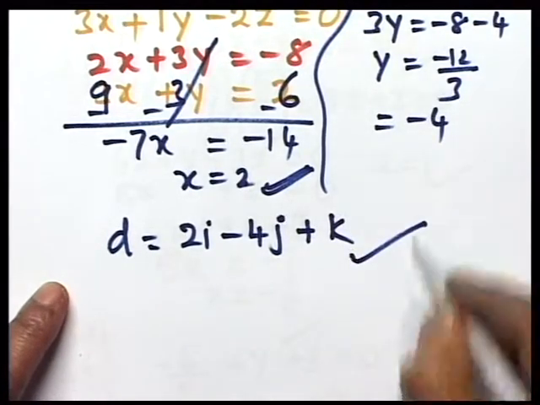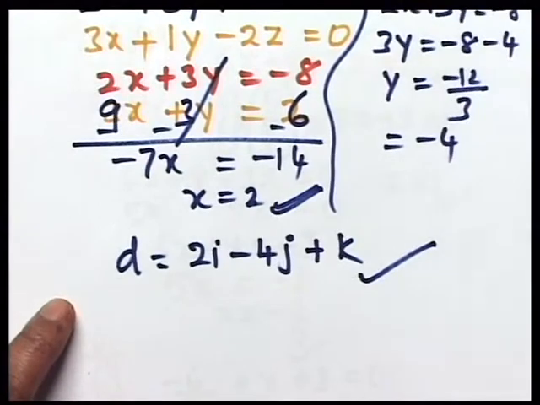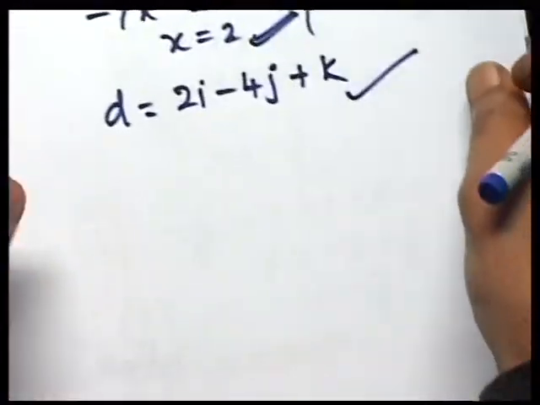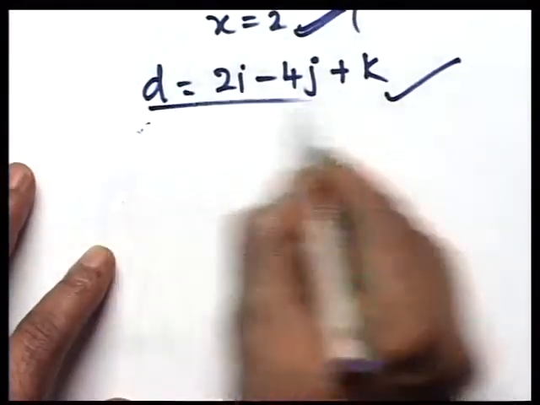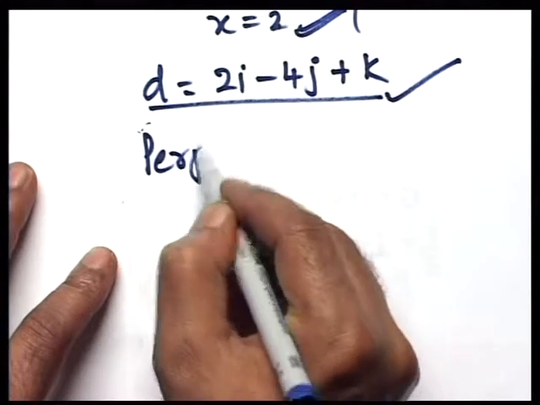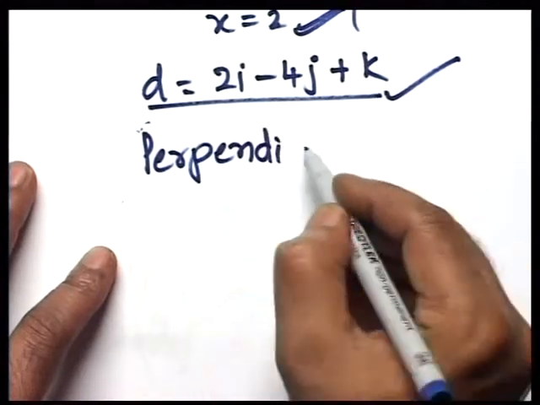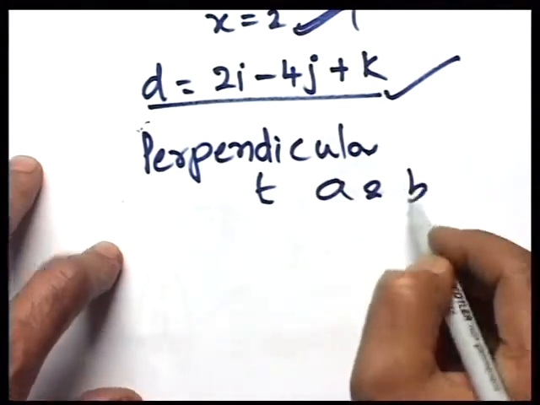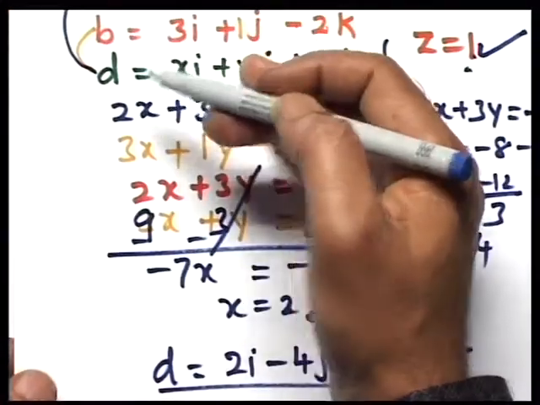So that's one answer. If your friend, somebody else, suppose chose x equals 1, you get a different vector. But mind you, that also is making a 90 degree angle with the given two vectors. Okay, so the question in the examination sometimes, how they ask, means find a vector that is, that's the keyword they use, perpendicular to A and B, the A and B on top there.